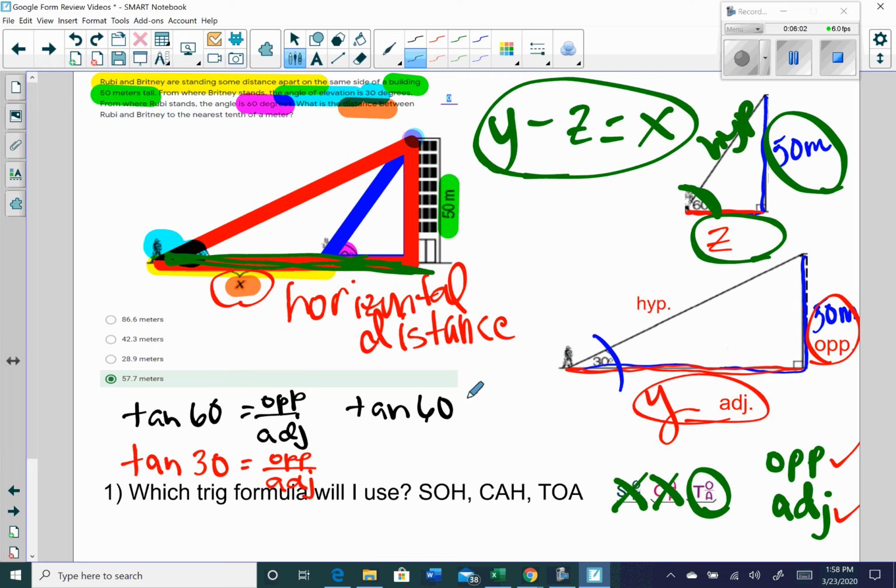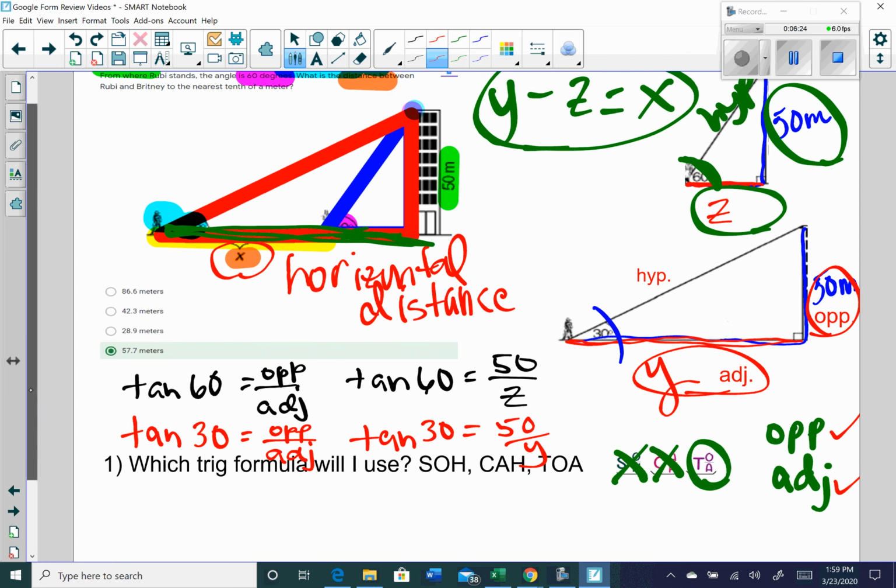Tan of 60 equals 50, and my adjacent side was z. And now for this other one though, my opposite side is still going to be 50, but this time my adjacent side will be y. So those are the two equations I'm going to use. Now I have a second question I always have to ask myself.